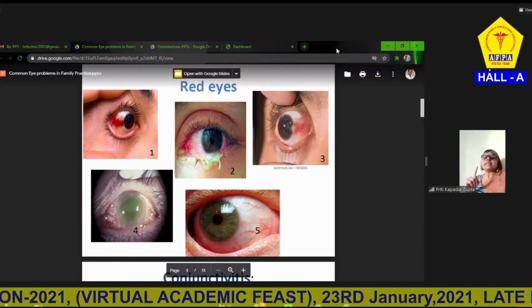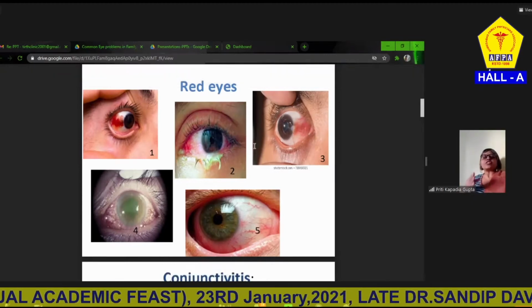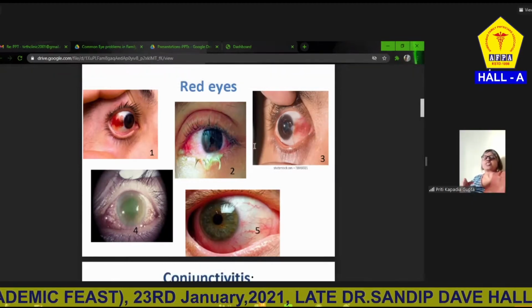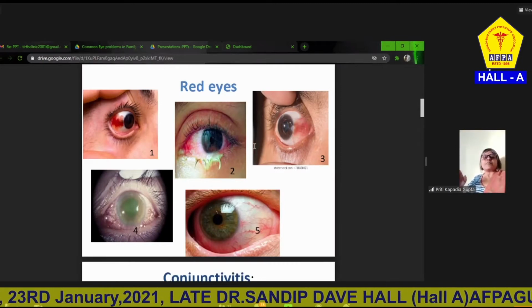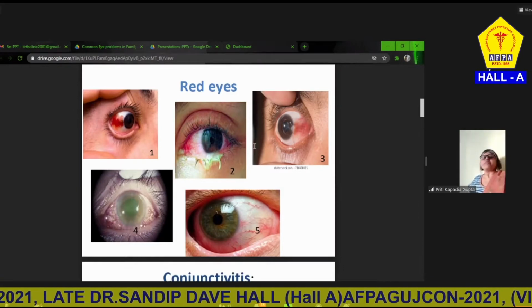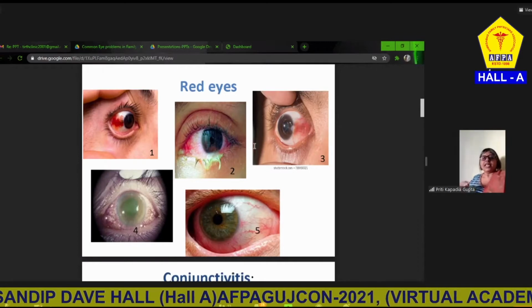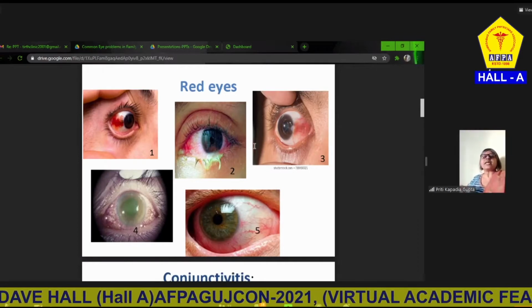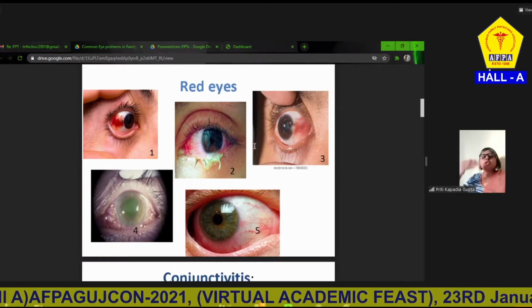So, these are the patients. Please keep in mind that you all are treating them correctly, but this particular patient has to be given eye drops, especially broad spectrum antibiotic eye drops like ciprofloxacin or moxifloxacin or Vigamox, which is a very favorite name for you. You have to give them hourly. I don't even mind if you start giving these drops half-hourly, because that reduces the load of organism.